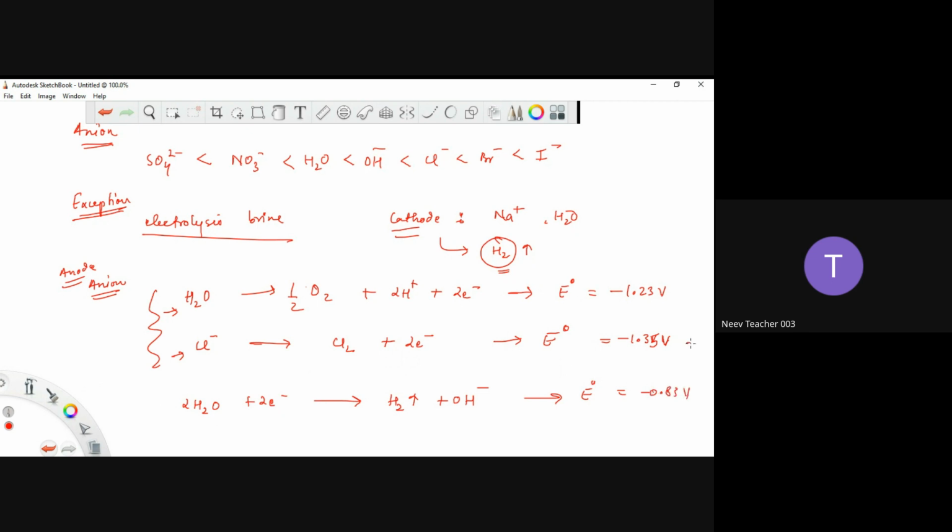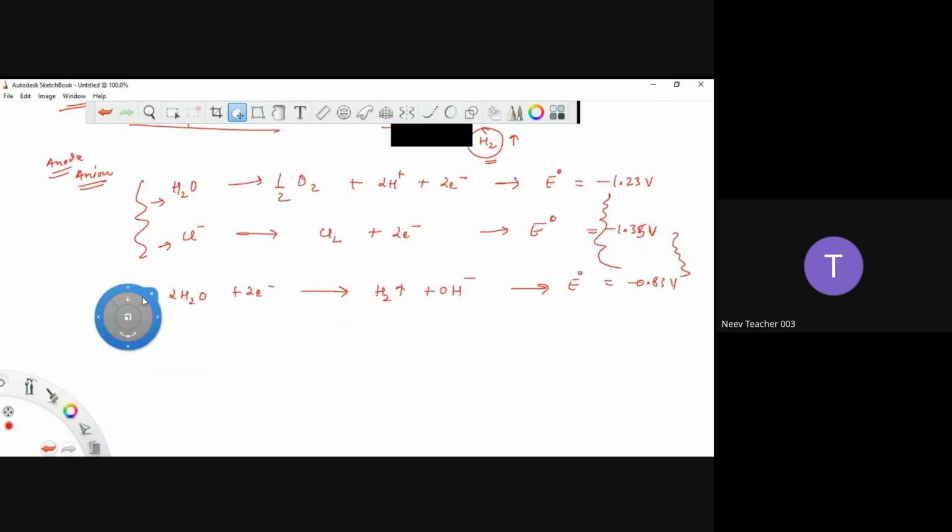Now make a cell of this. If you make the cell with chlorine, it comes out to be minus 0.83 and minus 1.35, so minus 2.18 volt.